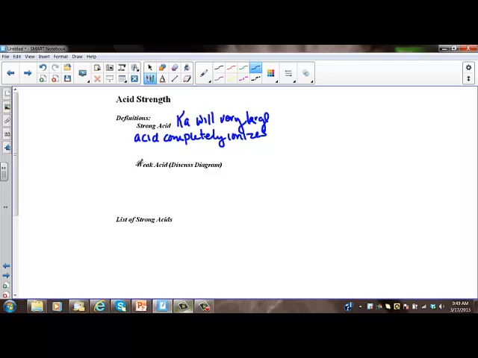And the equilibrium lies to the right. Equilibrium lies to the right. And when you have a strong acid, you have a weak conjugate base.